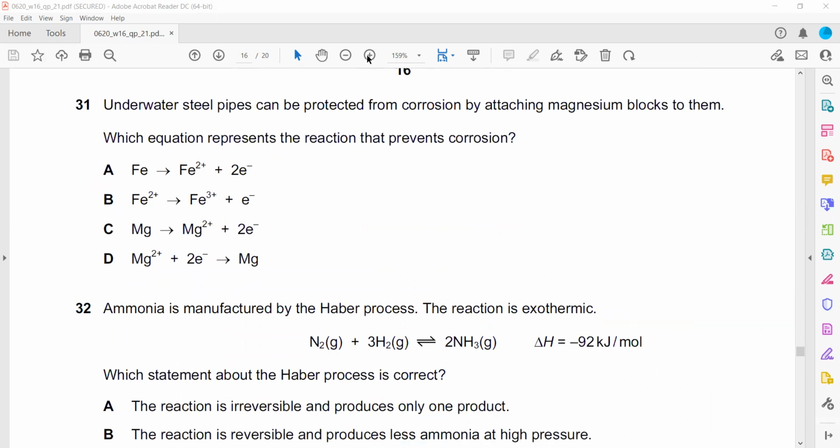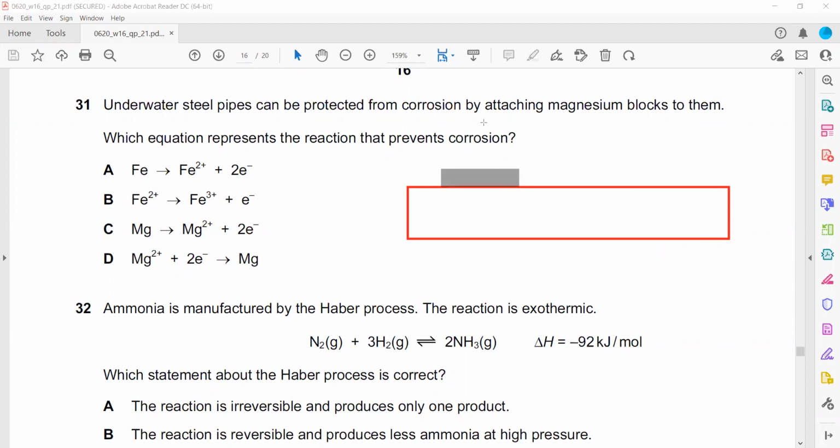In question 31, underwater steel pipes can be protected from corrosion, from rusting, by attaching a magnesium block to them. Which equation represents the reaction that prevents the corrosion? So we have steel pipes, and we place magnesium.